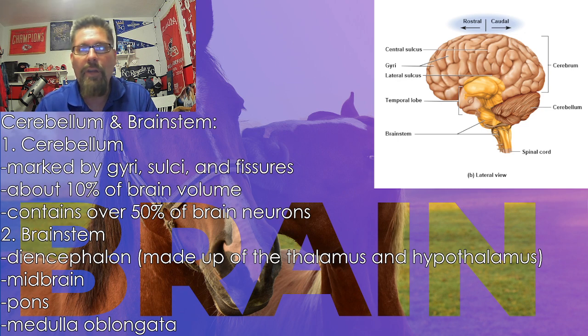But the thing to mention here, because it's going to be brought up a lot in the rest of the videos, is the diencephalon. It's a larger area that contains, as it says there, the thalamus and the hypothalamus, and we'll see a picture of those two on the next screen.